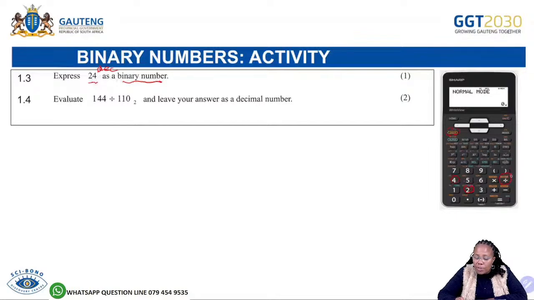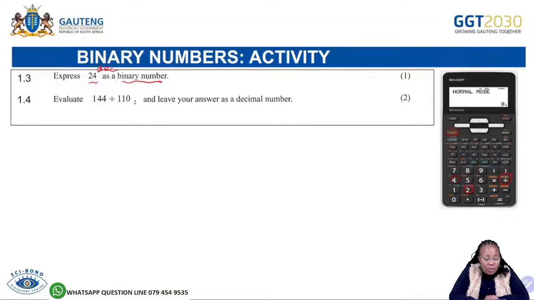Can you see on top is written binary there? Put in your decimal number 24, and then you press the shift second function button, and then you press the division line, which is your binary mode.